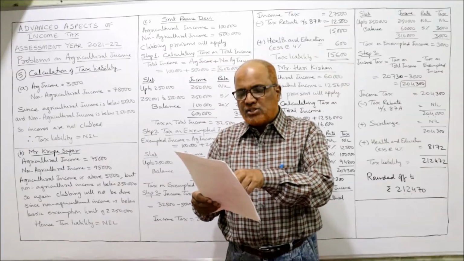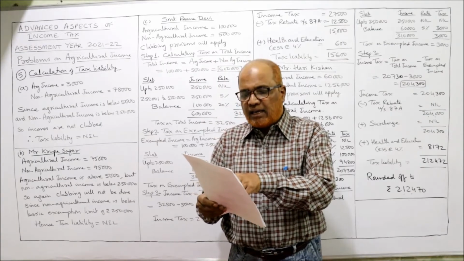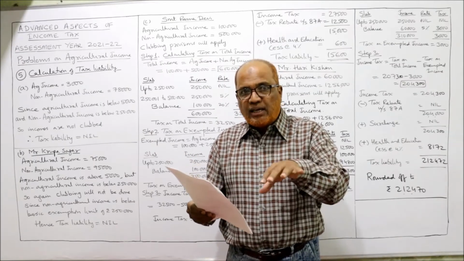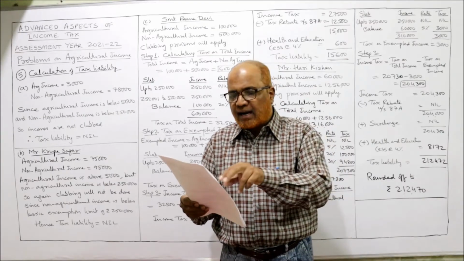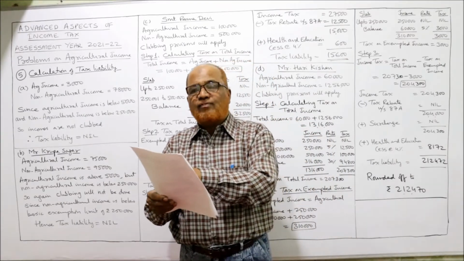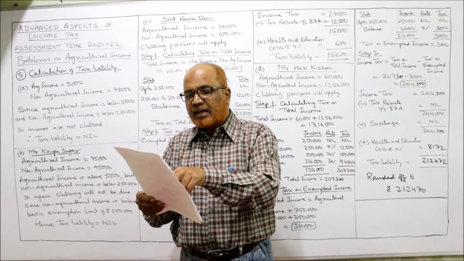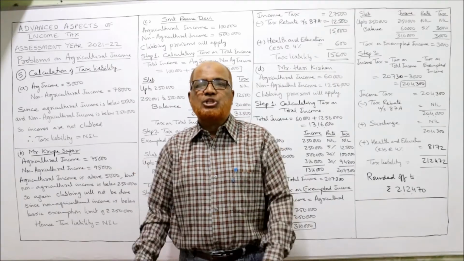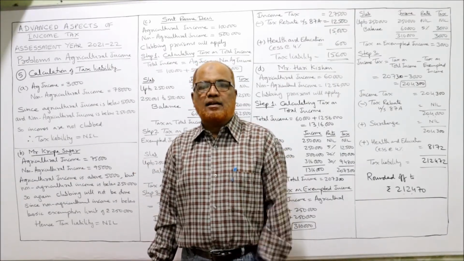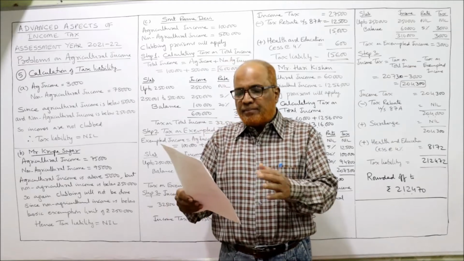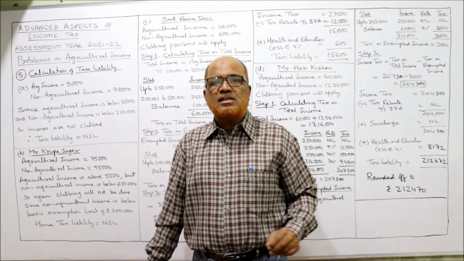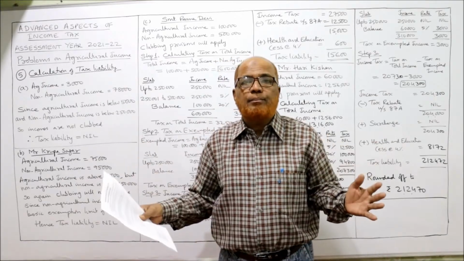Next one is Mr. B.K. Singh, who is owning a farm garden in a village. He is the owner of the farm garden. He collects flowers and fruits, sells them in the market and earned an income of 60,000. This is agricultural income, because Mr. B.K. Singh is the owner of the farm.